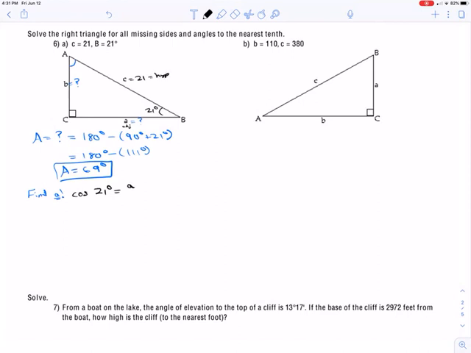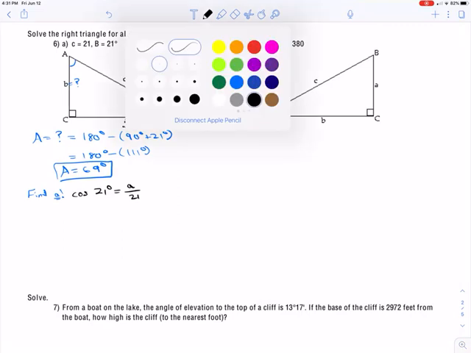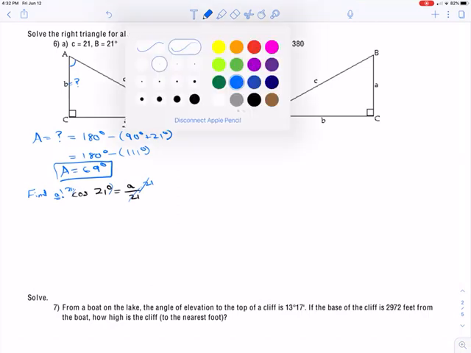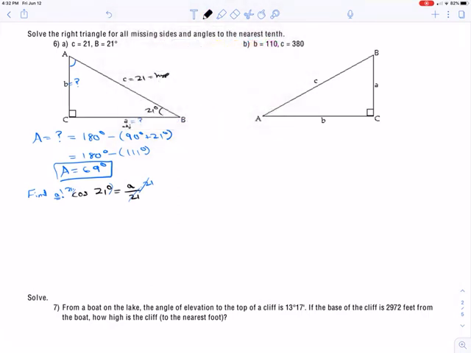The adjacent side is my unknown, A, over the hypotenuse, which is 21. Now to solve that, all I've got to do is multiply both sides by 21, and we can divide those out. We get 21 times the cosine of 21 degrees equal to A.